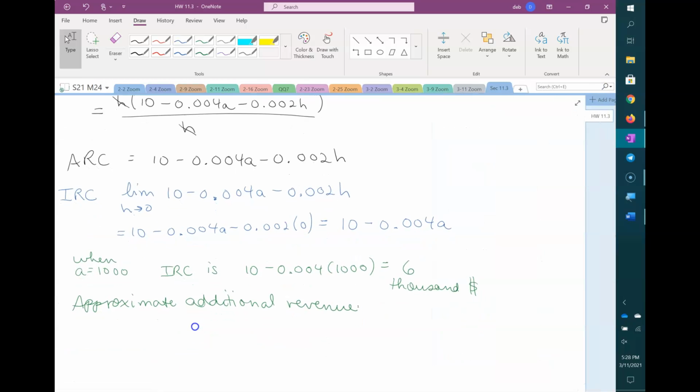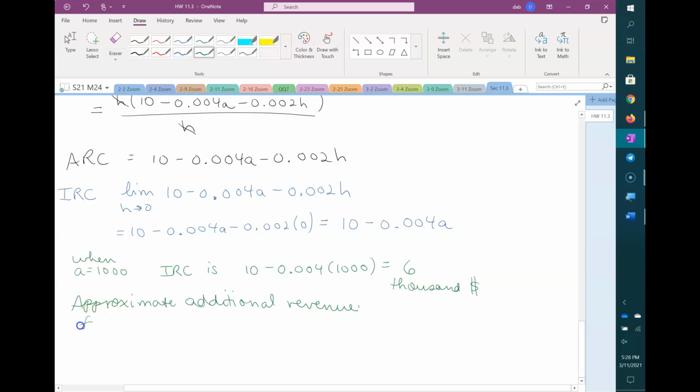Okay, the approximate additional revenue from producing item number 1001. So increasing production from 1000 to 1001.